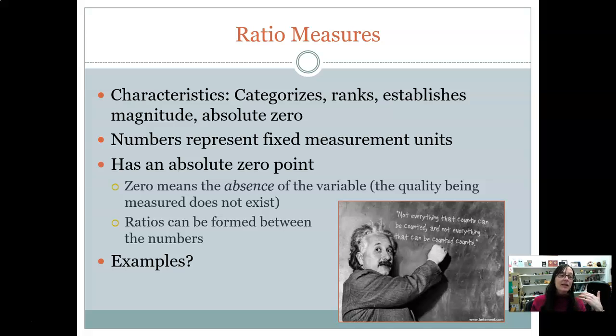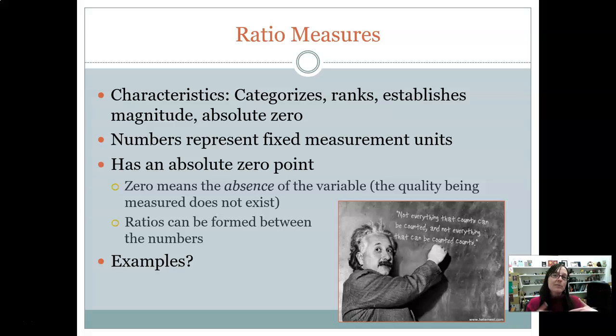Age, you can say somebody is twice as old as somebody else. Or distance, speed. And the easiest and most common examples of ratio measures are anything that can be counted. If you are counting anything, it's by definition a ratio measure. So crime rates are ratio measures, because a 0 rate of that crime means that crime does not exist. It's not happening.